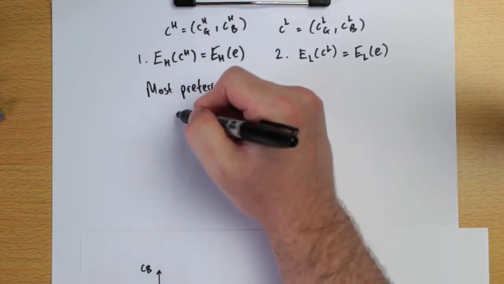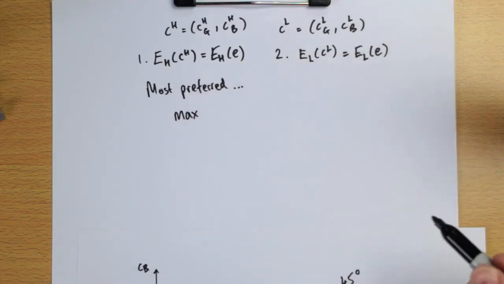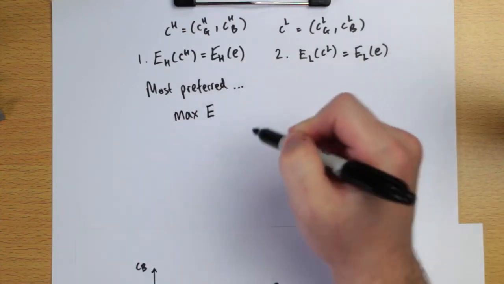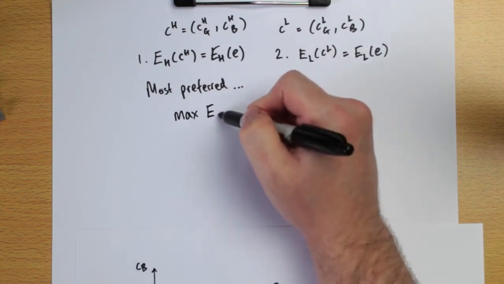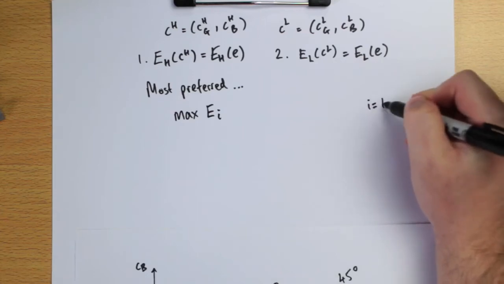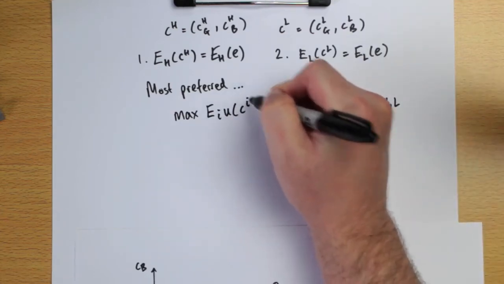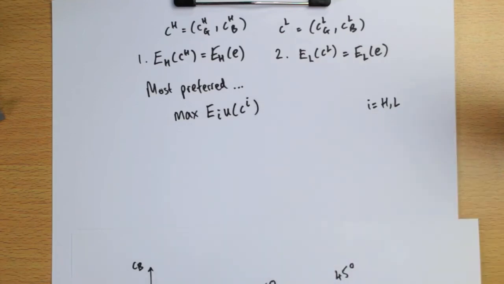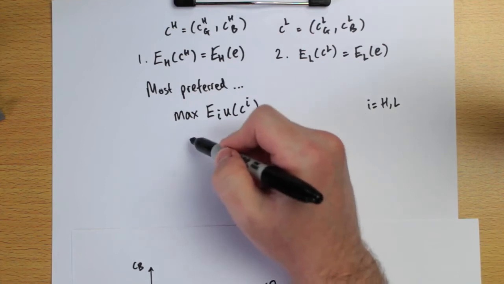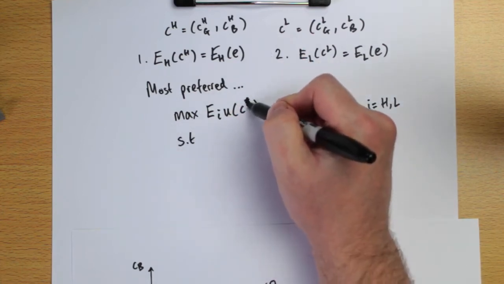So we could write a problem and say, well, the contract CI will solve the problem: maximize the expected utility, let's say for type I equals H or L, the expected utility of this contract, subject to CI is the solution.